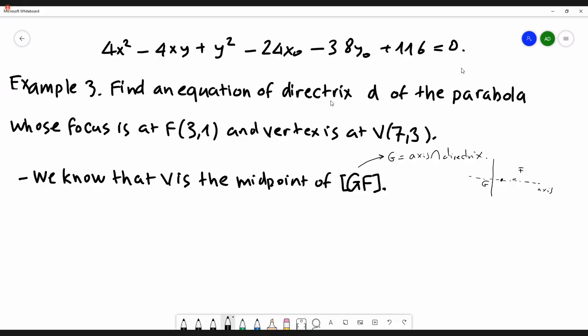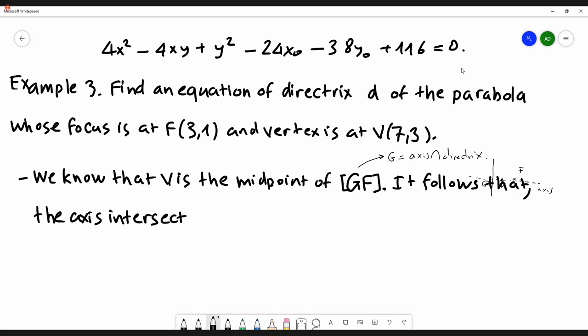Now, since the vertex is the midpoint, we can obtain the coordinates of G immediately. Okay, it follows that the axis intersects the directrix at a point.